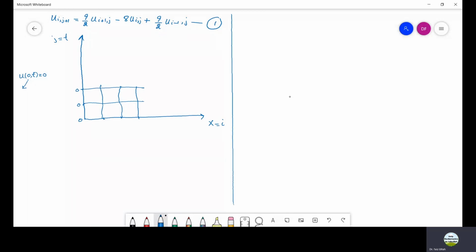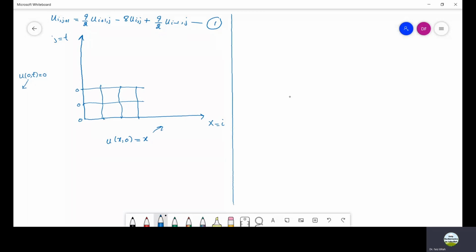And now let us see the other boundary condition. The other boundary condition is u of x comma 0 is equal to x. This represents the x-axis because on the x-axis, t is 0 and x varies from 0 and so on.